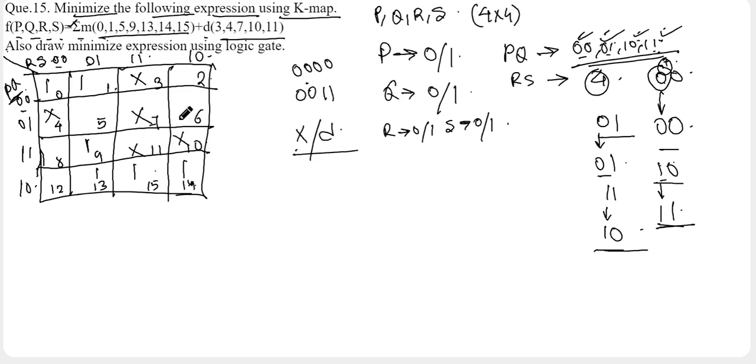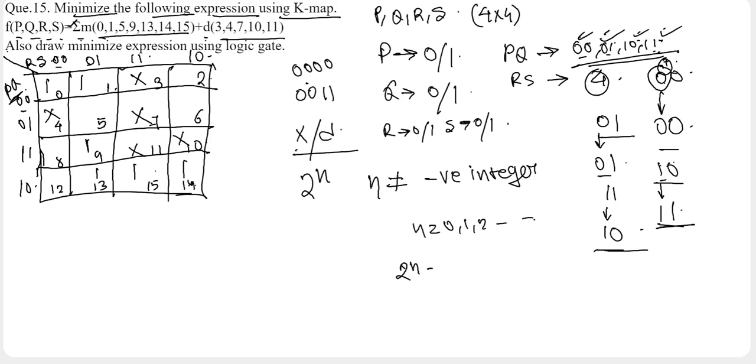Now our objective will be to make a group of size 2 to the power n, where n is not equal to any negative integer. It can assume any value of 0, 1, 2 in this case. So the value of 2 to the power n will be either 1 or 2 or 4 or 16 likewise.